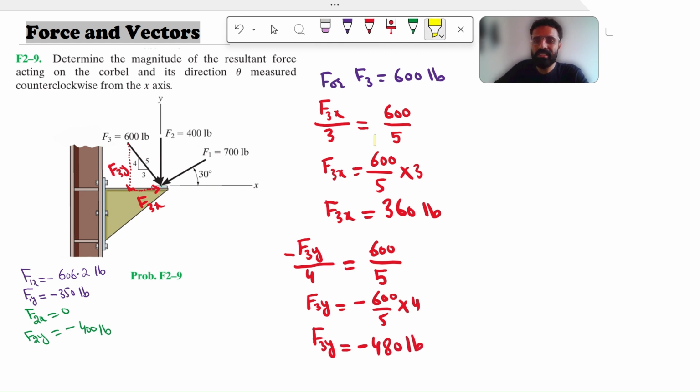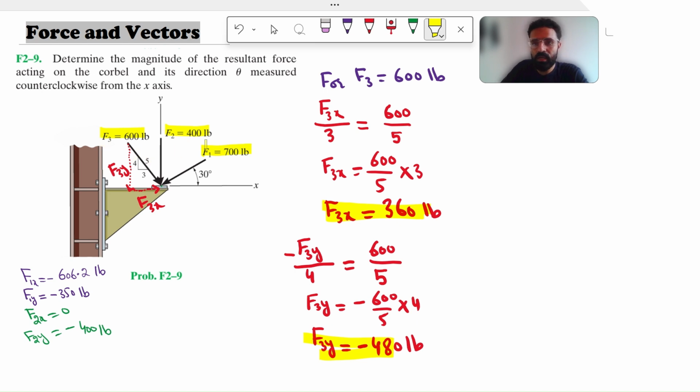So we already found the horizontal and vertical component for the F3 force. We applied cos theta and sin theta for the F1 force, and for the F3 force we applied similar triangle technique. And for the F2 force, there is no need to apply the trigonometric ratio, it is directly acting along the y-axis. So it means that we found the x and y component for all three individual forces.